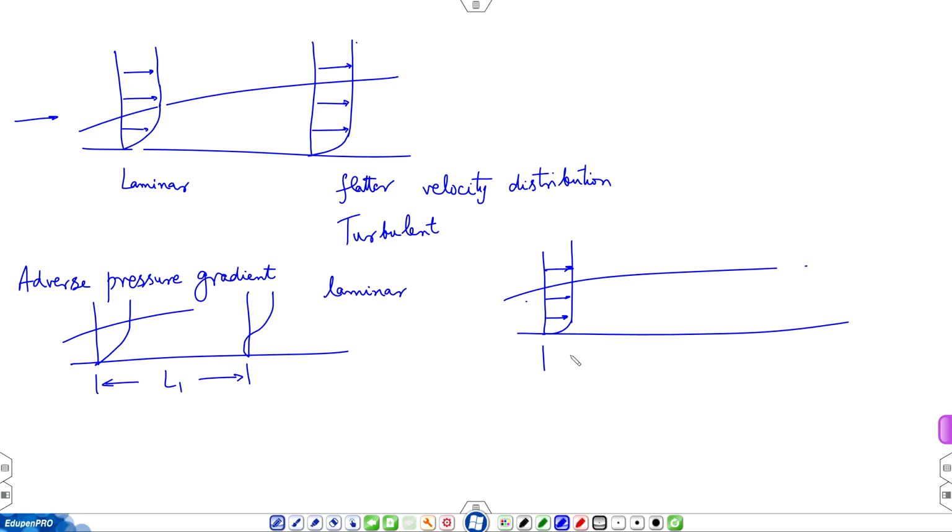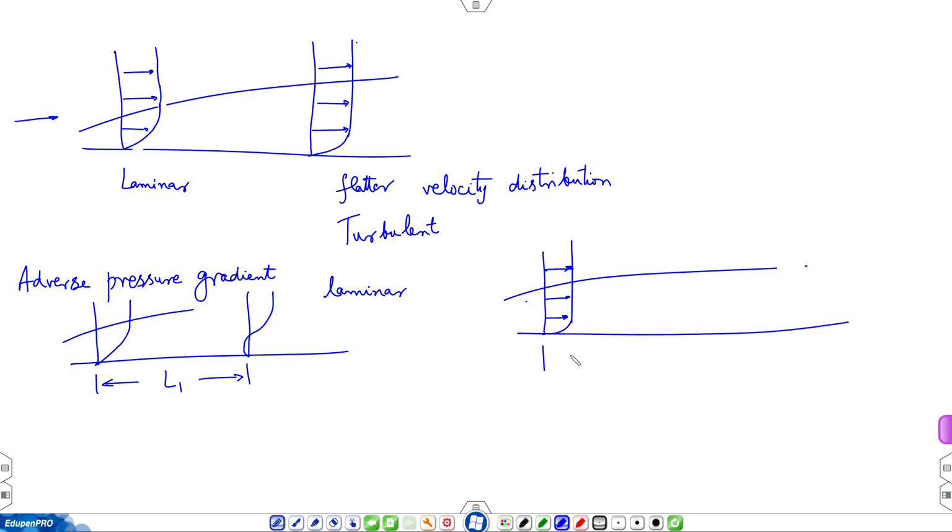can think of it in many different ways. The kinetic energy of the fluid available within the turbulent boundary layer is greater than what you have in the laminar case. You can see that this velocity here near the wall, that is the one that is impacted by the adverse pressure gradient.